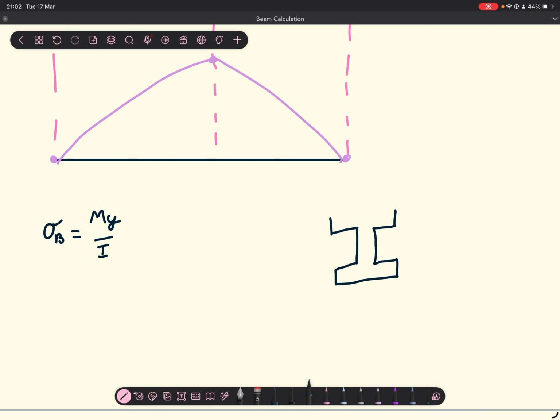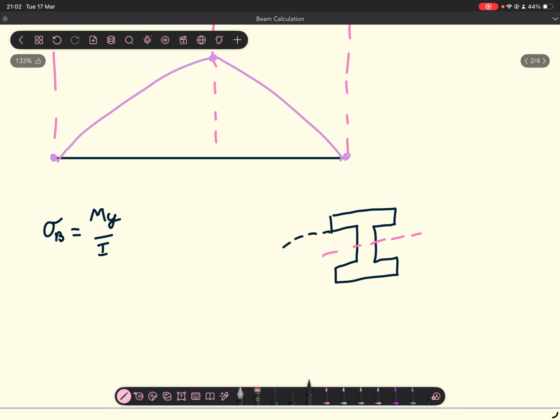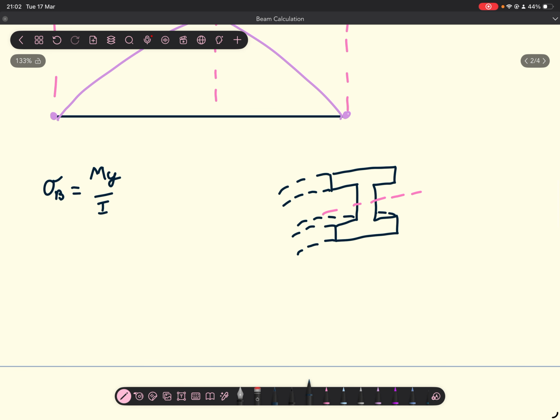And then Y is going to be the distance from the centroid to whatever point you want to look at, right? So at the centroid, there's no bending going on. Let's say the beam is being bent like this, right? At the centroid, this is your neutral axis, so your bending stress at that location is 0.